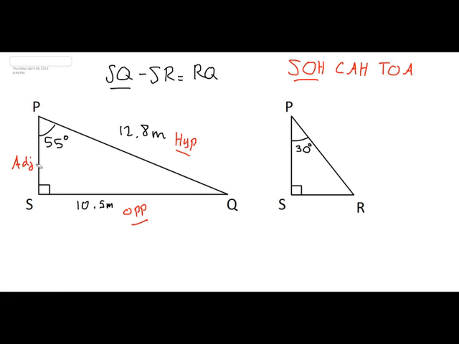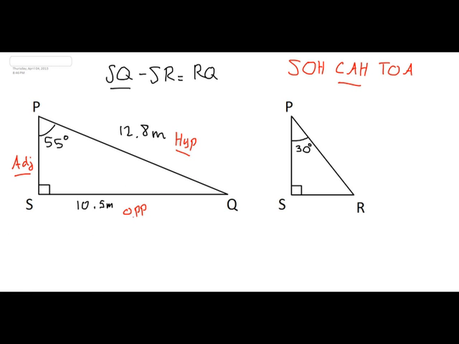But a better way to do it is to apply your trigonometric ratios to try to find this side here, PS. So we're going to be using adjacent, and we're going to be using our original accurate measurement of 12.8. So in this case, hypotenuse and adjacent, this time we're going to be using cosine.